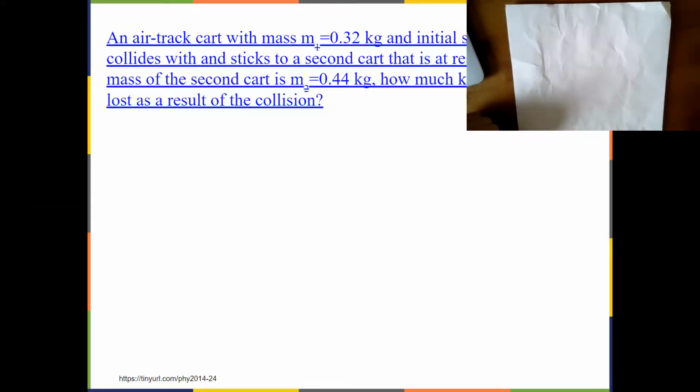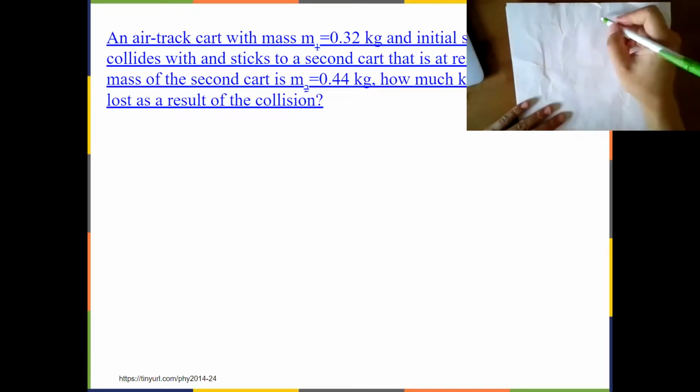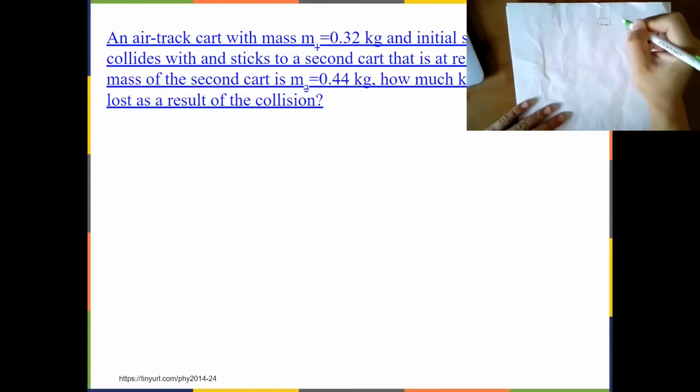If the mass of the second cart is m2 equals 0.44 kilogram, how much kinetic energy is lost as a result of the collision? All right, so now you have one car striking the second car.